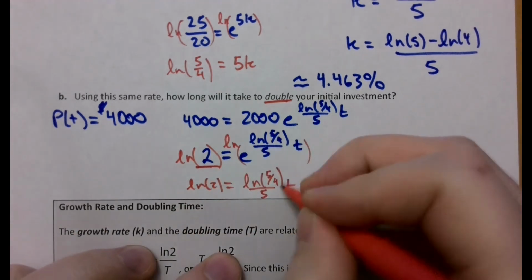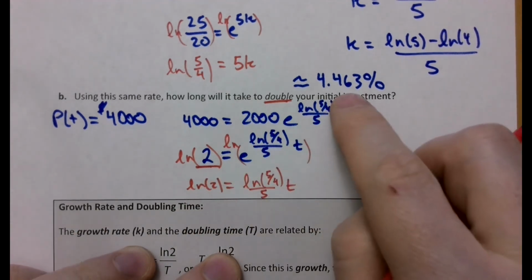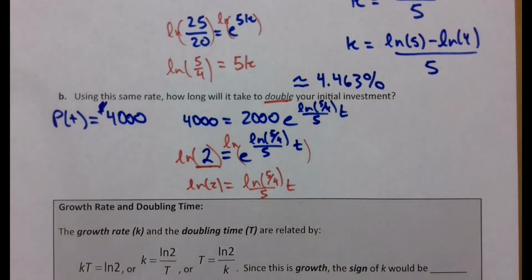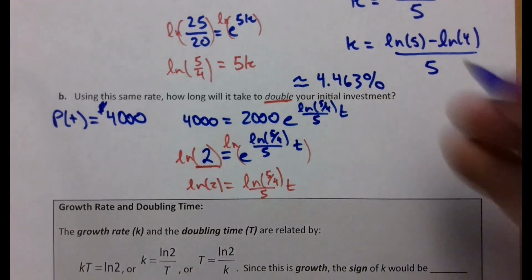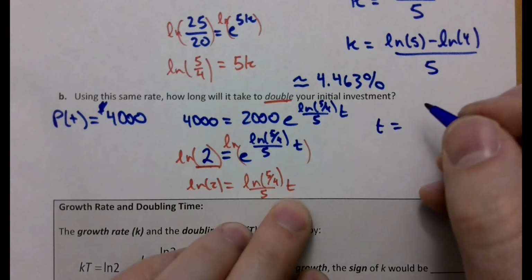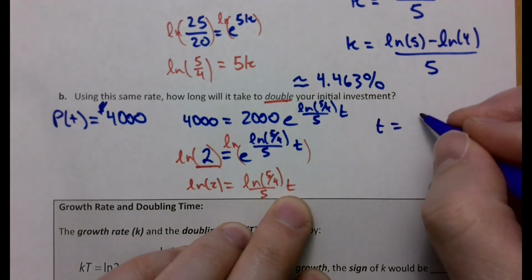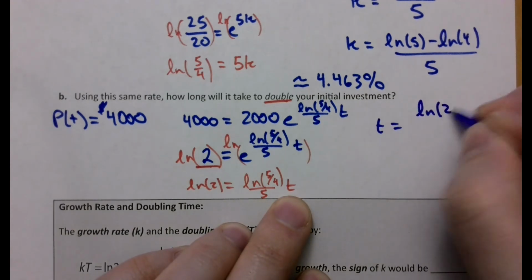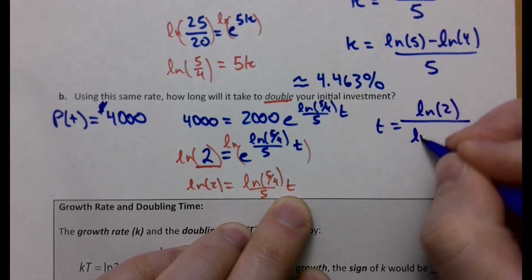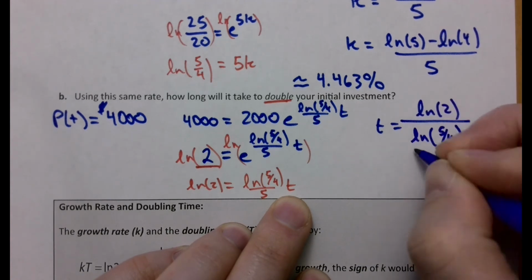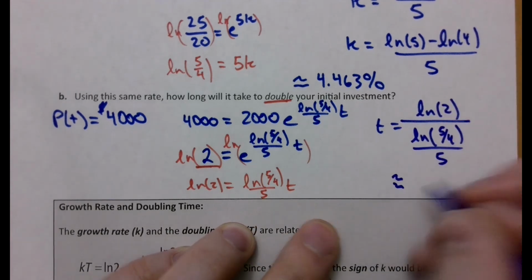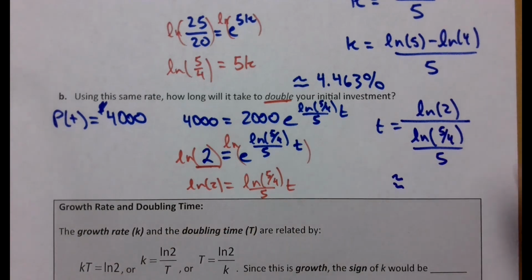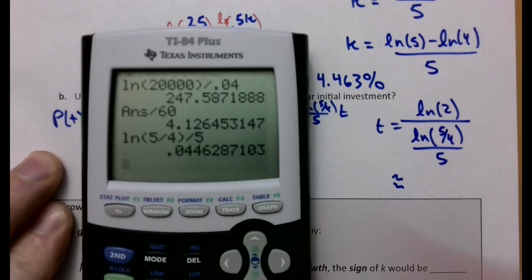Well, divide both sides by this gross number, which remember was approximately this, but I don't want to approximate until the very end because exponential things are quite sensitive to approximations. So this becomes natural log of 2 divided by natural log of 5/4 divided by 5. I'll just smash all that into my calculator. We could do a bunch of different simplifications of that if we wanted to, but why?